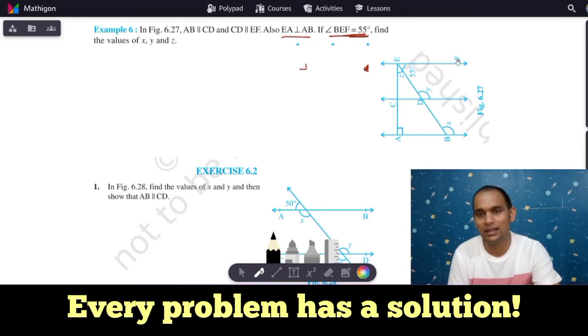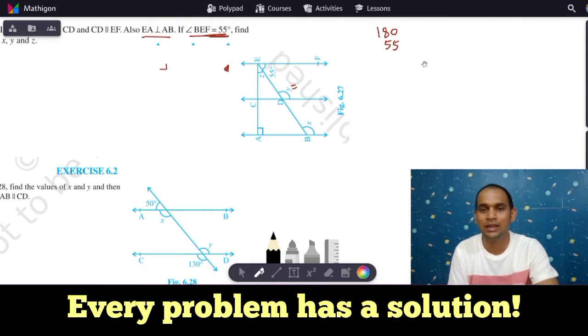Once this is parallel, I'll take this as the transversal. So 55 and y, what is the relation? Angles on the same side of the transversal will be supplementary. So what is the value of y? y will be 180 minus 55. So 180 minus 55, you get 10 minus 5 is 5.